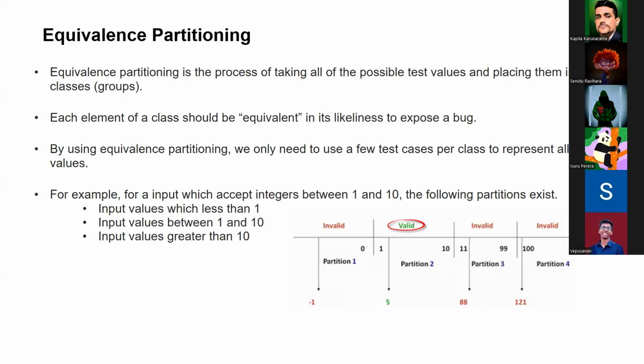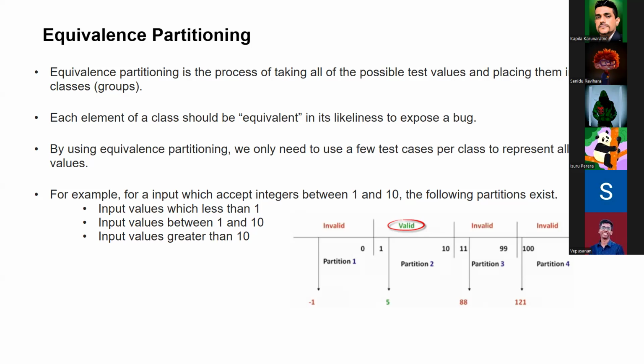But what equivalence partitioning says is that if there are partitions like this, below 12, between 12 to 60, and above 60, you don't need to write 121 test cases. You can write one test case for each partition. Below 12, you can have one test case, maybe age 10 or age 8.